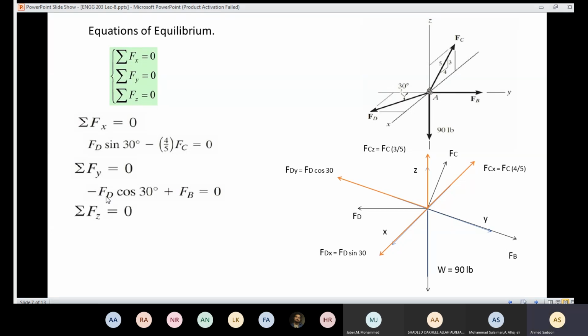Then if I apply this equation, I have Fc times 3/5 positive, and here the weight is negative, minus 90 pounds equals 0. Now I have three equations and three unknown forces. I have Fd, which I don't know. I have Fc, which I don't know also. And I have Fb, which I don't know.